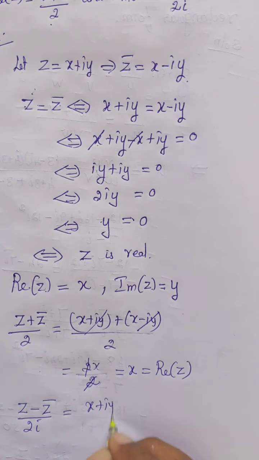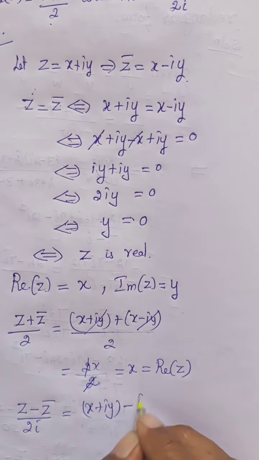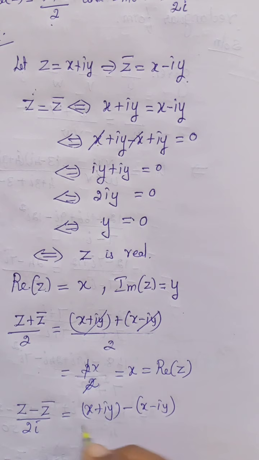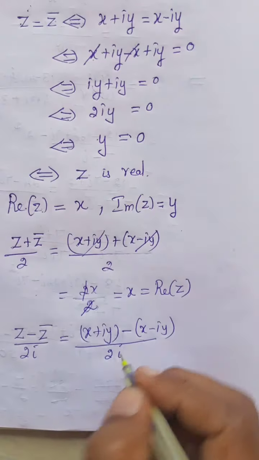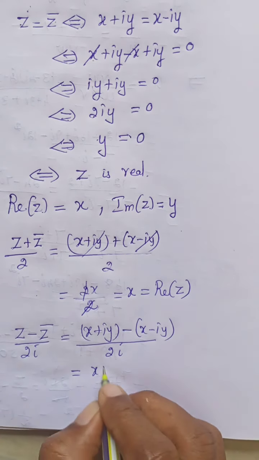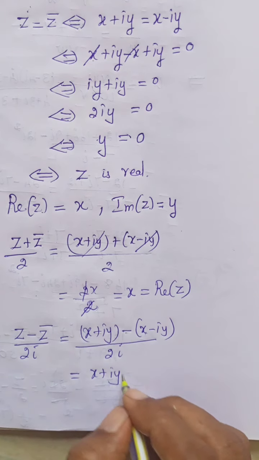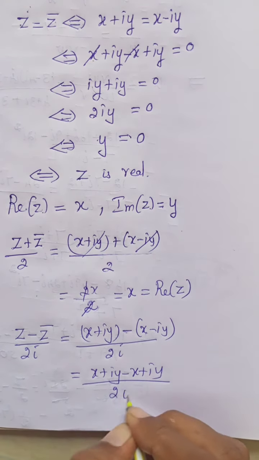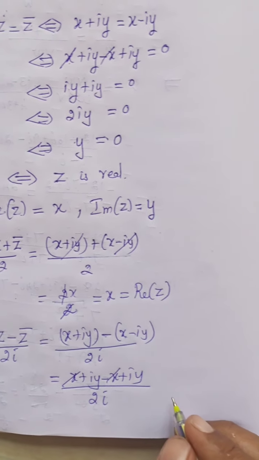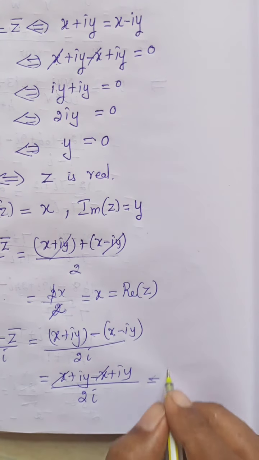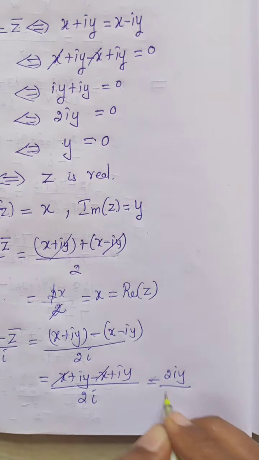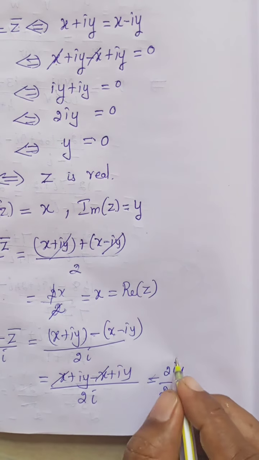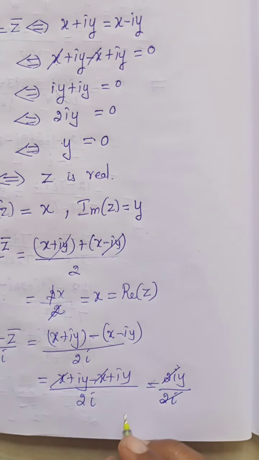Now, the same way, I am going to find (Z minus Z bar) by 2i. (x plus iy) minus (x minus iy) divided by 2i. So that is x plus iy, give the minus inside, minus x plus iy, divided by 2i. Plus x and minus x will get cancelled. iy plus iy, 2iy divided by 2i. 2i and 2i will get cancelled.